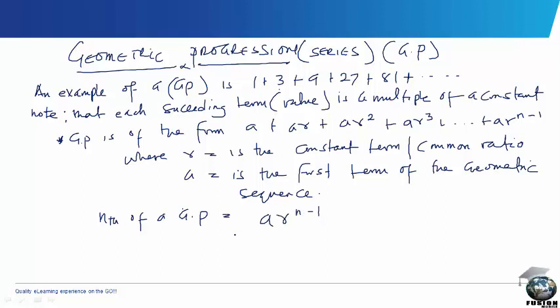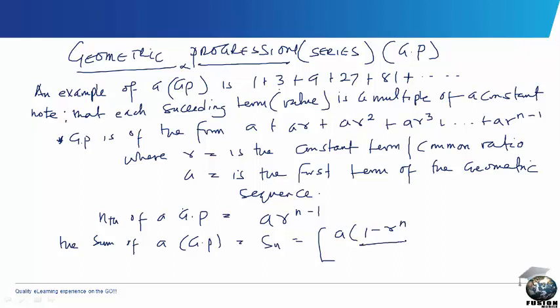You know what a denotes. The sum of a GP, Sn, has 2 formulas. The first is a times 1 minus r to the power n, all over 1 minus r.